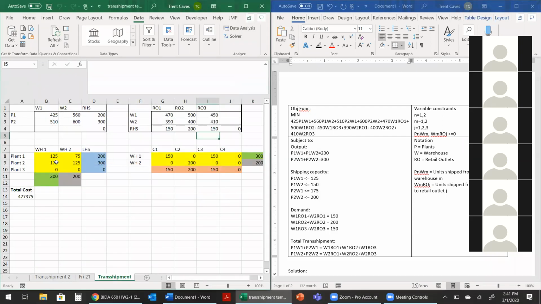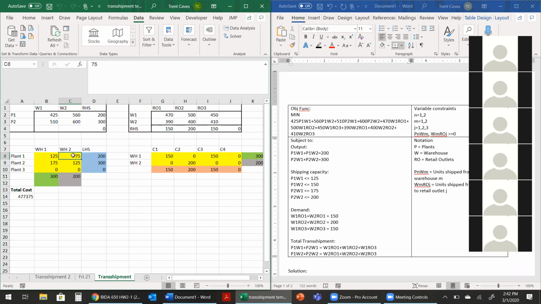Keep our solver solution. And here's our solution. So we have 125 units being shipped from plant 1 to warehouse 1, and that's within its capacity.